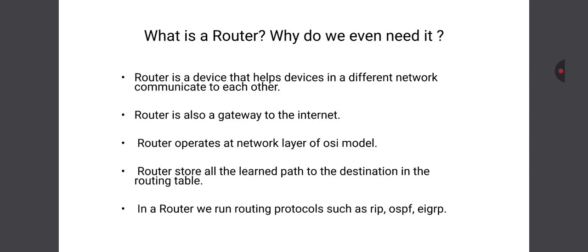Without a router it is not even possible to make them communicate with each other and establish a network connection between different networks. And a router makes this possible, helping devices, PCs, servers, laptops, any kind of devices, communicate with each other.